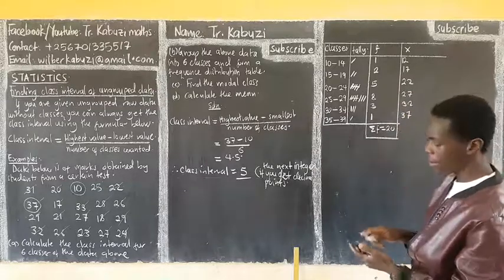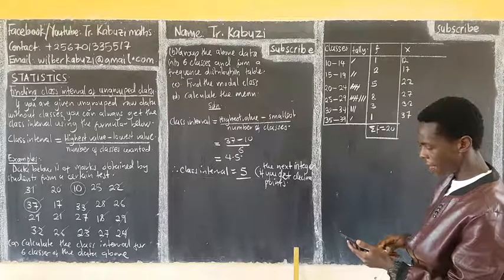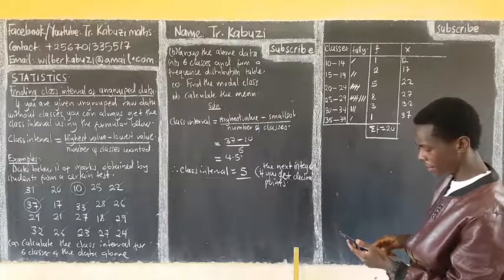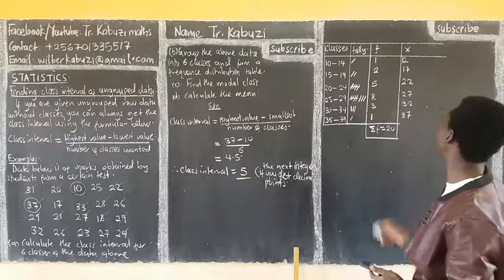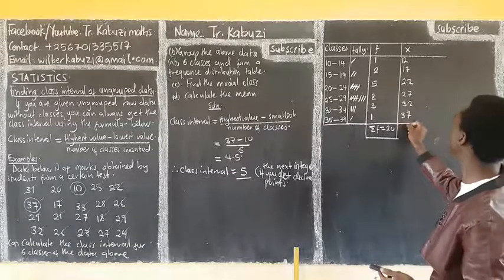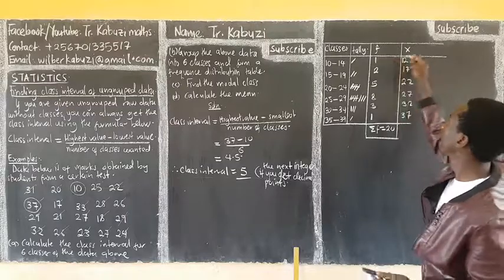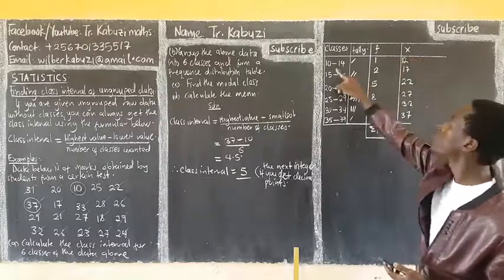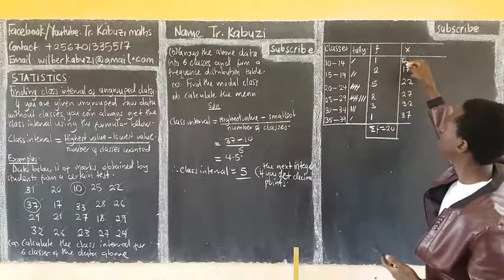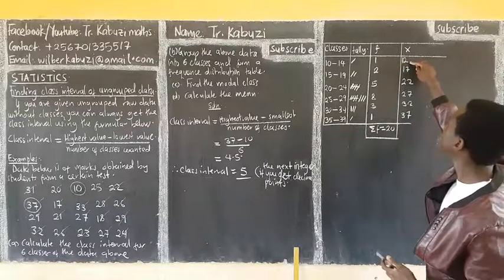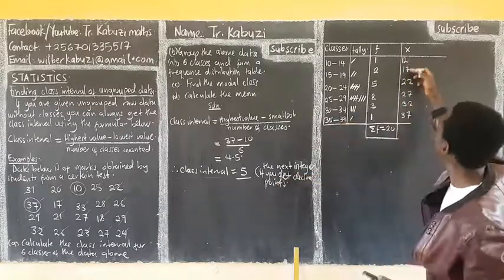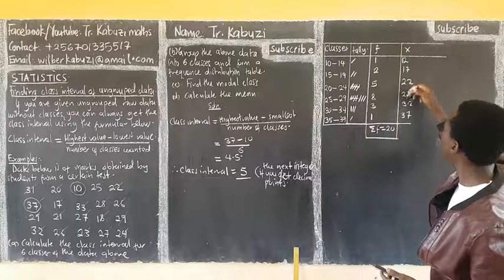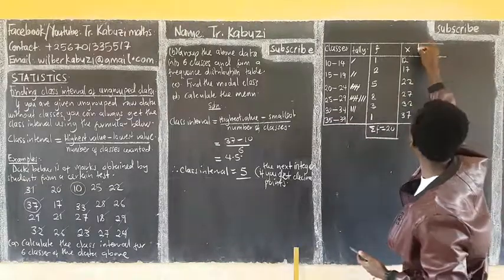To check, you say 35 plus 39 divided by 2, and we are getting 37 there. So when you get the first midpoint, these are called midpoints. To get the others, you just add on the class interval. The class interval is 5. Add 5, add 5, add 5. That's the easiest way.